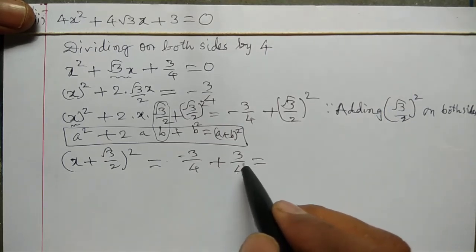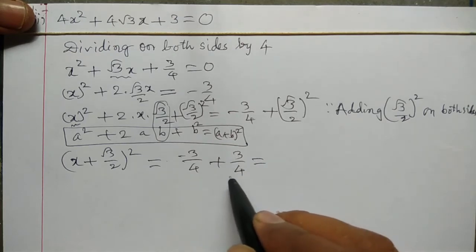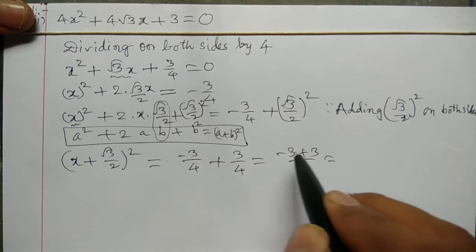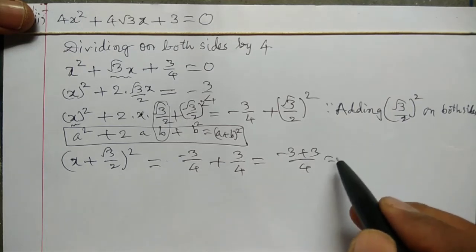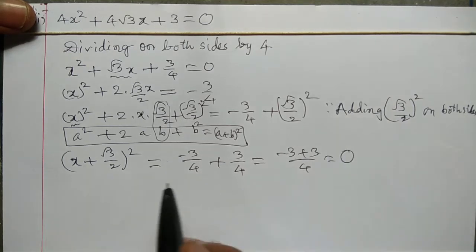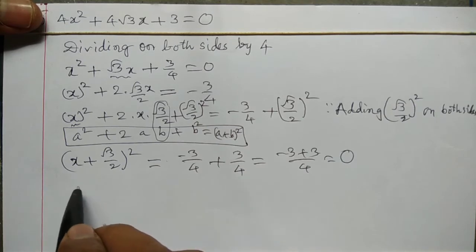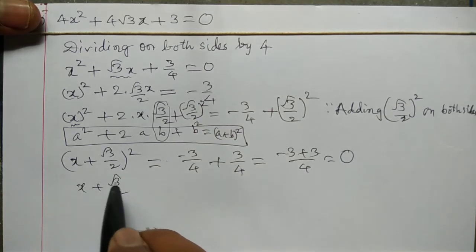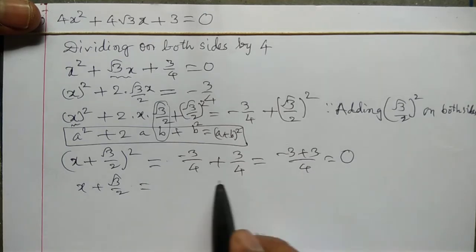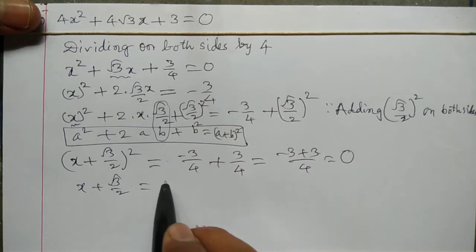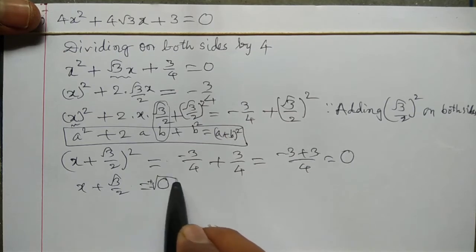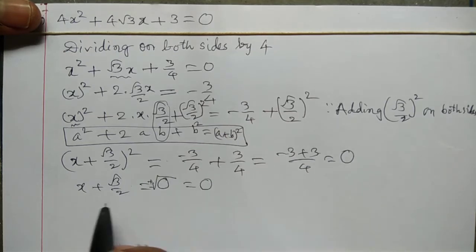Like fractions: the sum of the numerators over the common denominator, minus 3 plus 3 over 4, which is 0. So x + √3/2 = ±0, and the square root of 0 is 0 only.